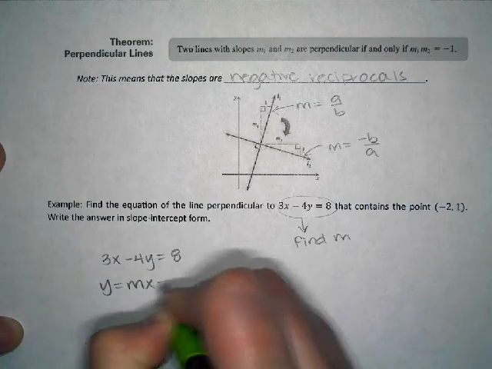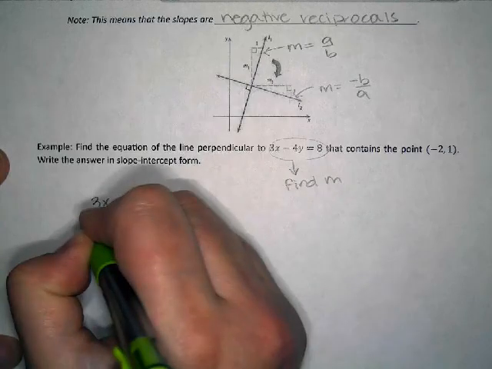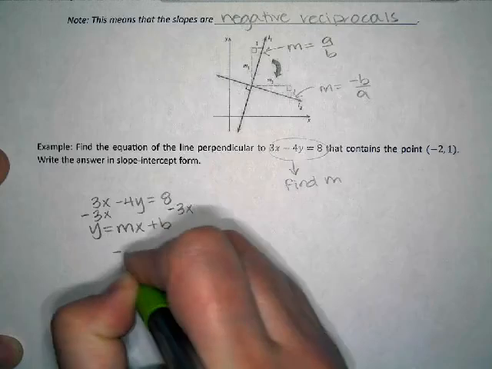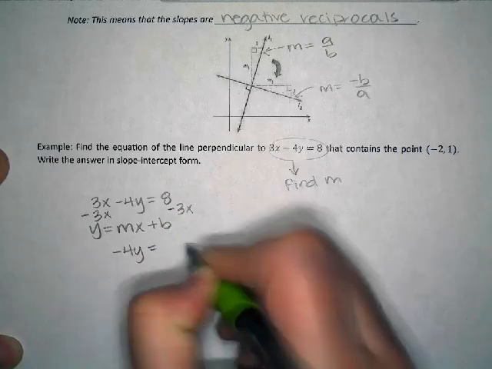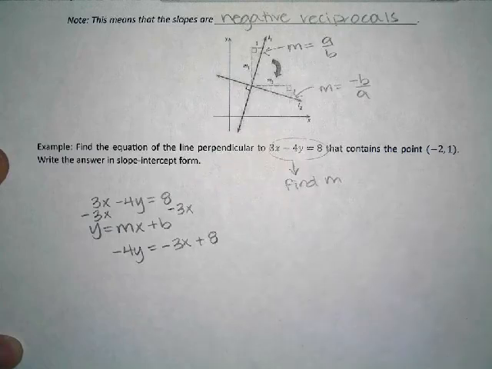So I'll subtract the 3x to the other side. Negative 4y equals negative 3x and a positive 8. And then to get the y alone, I need to divide by negative 4.